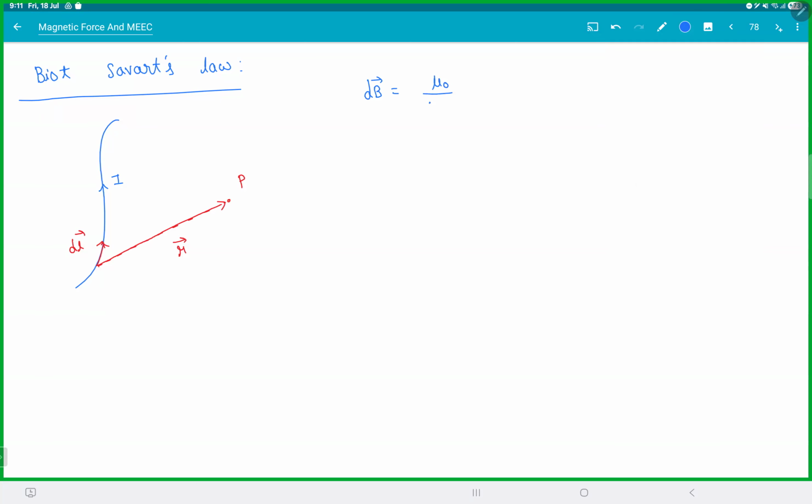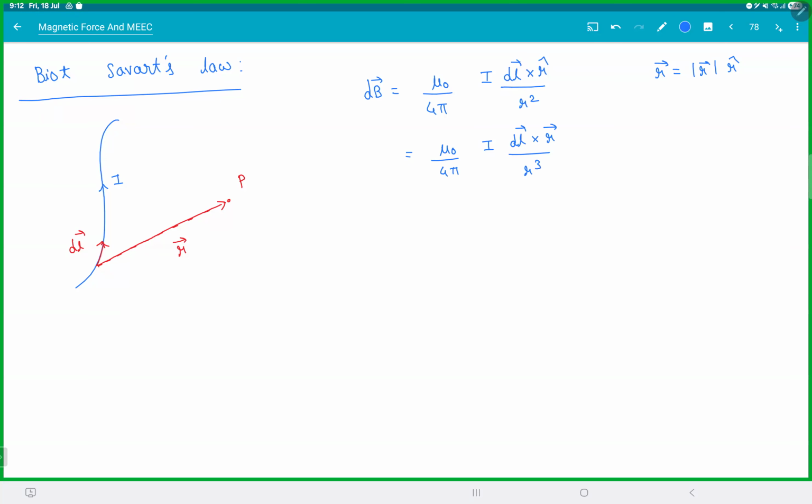You will see some new terms. I dl bar cross r cap by r square. If you multiply and divide here, you know r bar is nothing but mod r bar into r cap. This will become mu naught by 4 pi I dl. Instead of writing r cap, if you write r bar, it will be r cube.